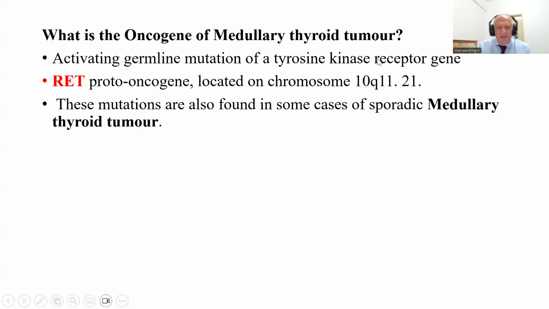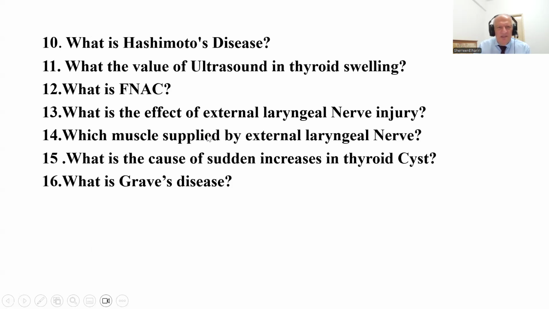The oncogene, as you mentioned, is the RET proto-oncogene. It is in chromosome 10q. Q means long arm, by the way, and the number is the sequence. It is not important. We don't ask about this.